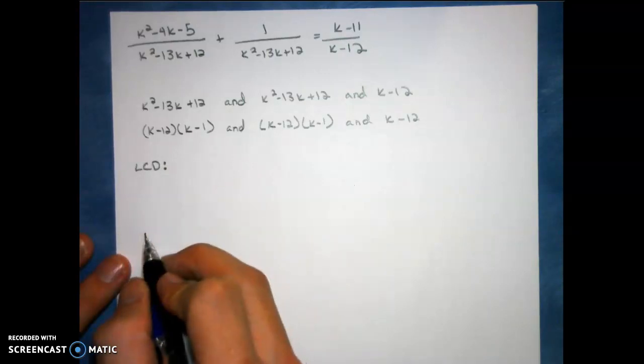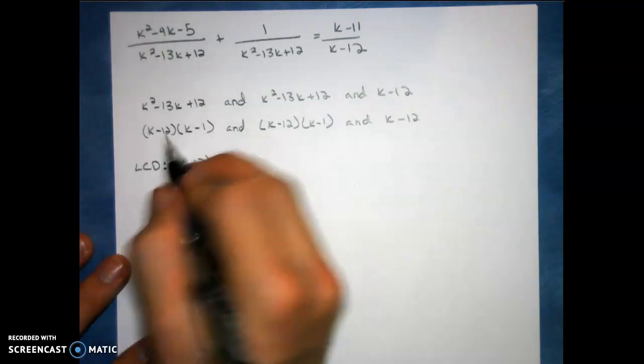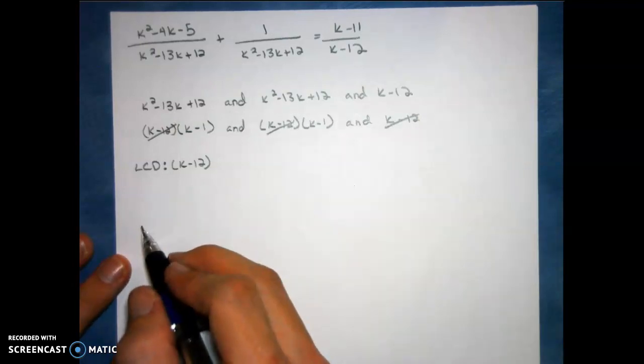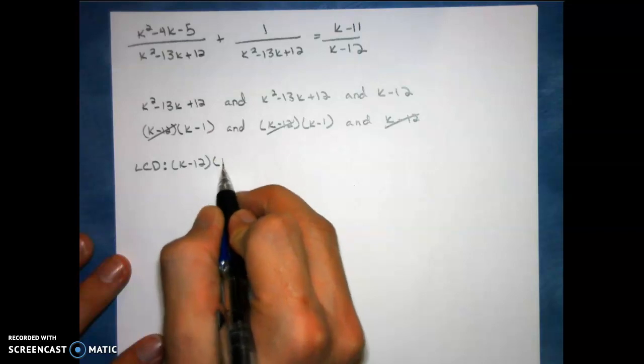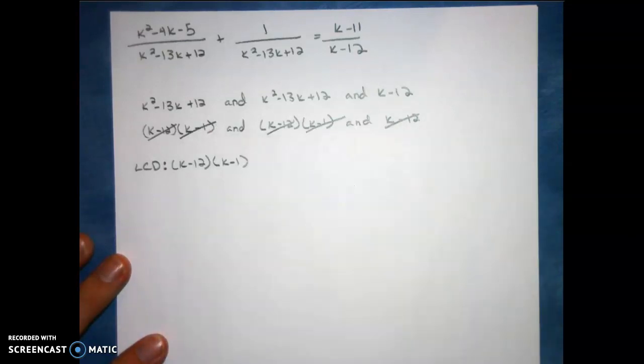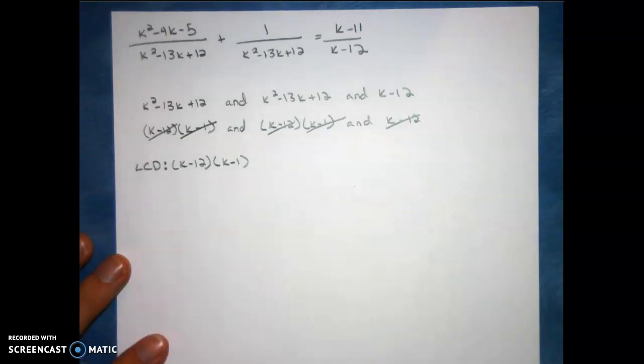We start with the first one, k minus 12, bring it down, cross off, cross off, cross off here. We bring down the second one, cross off, cross off. All right, everything's crossed off, so there's our LCD.